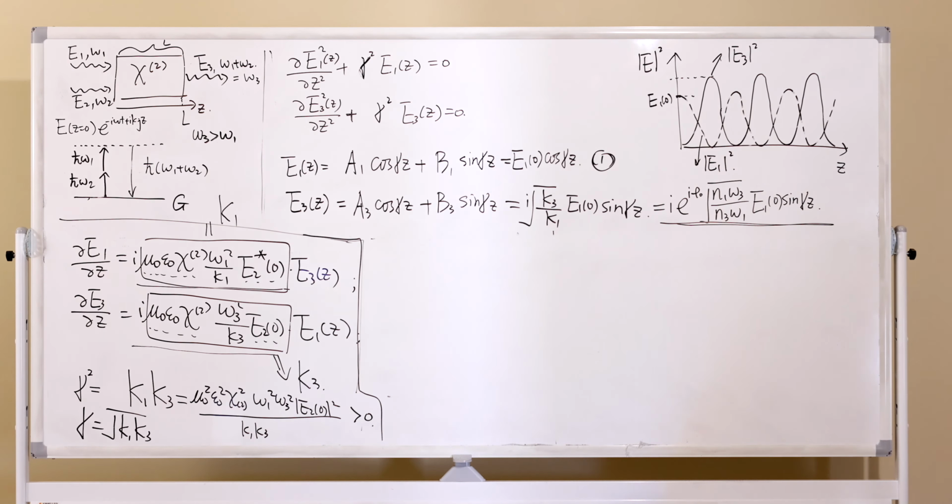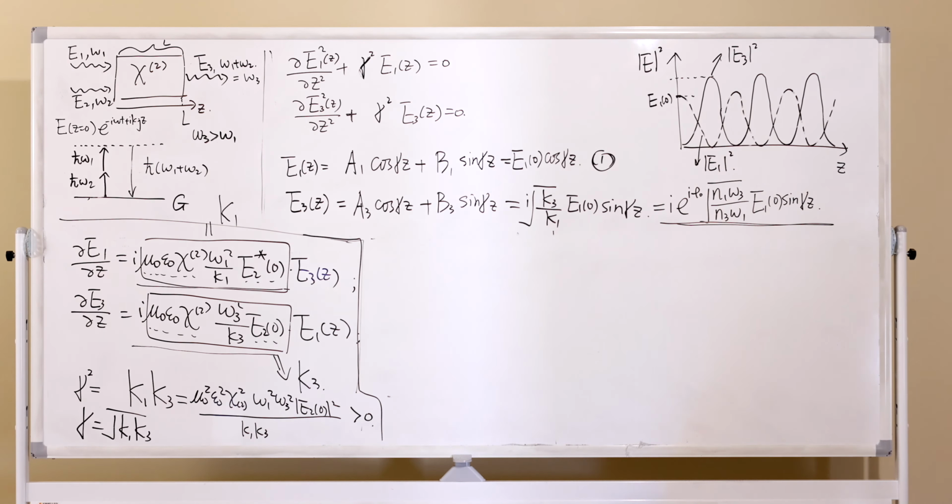Then after difference frequency generation, you lose one photon in omega 3, you still have a lot, annihilated one photon in omega 3, and then you generate a photon in omega 1, and you generate a photon in omega 2.